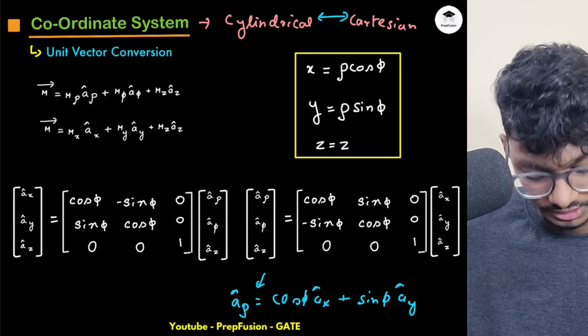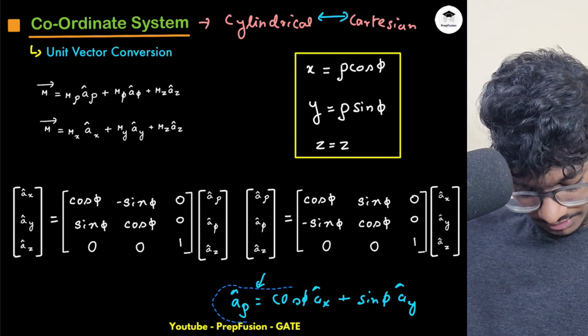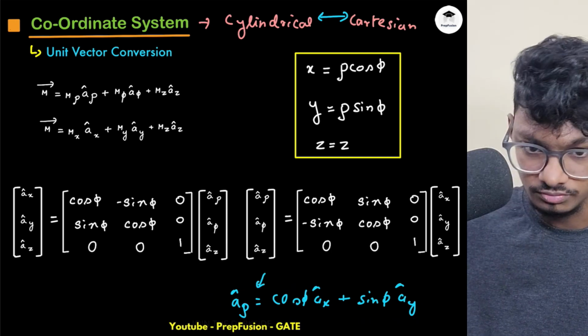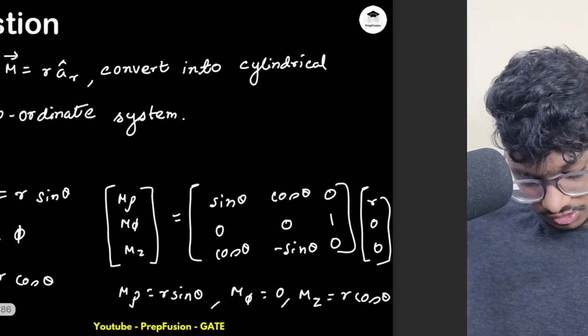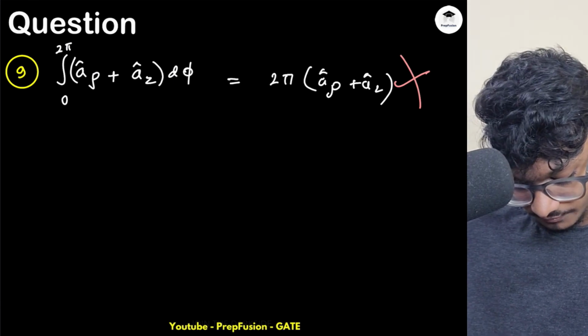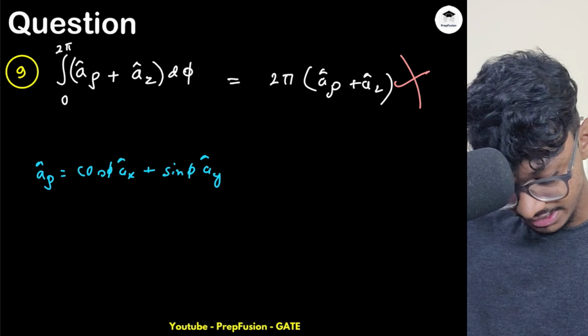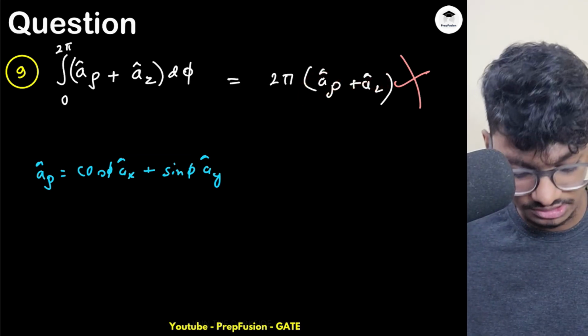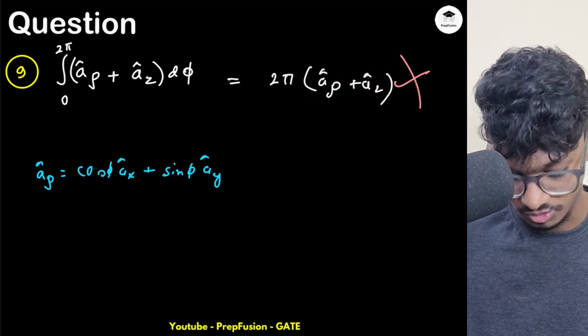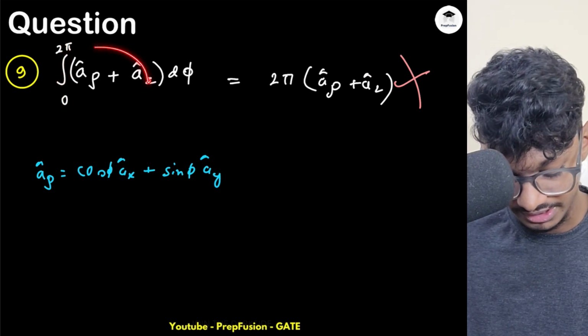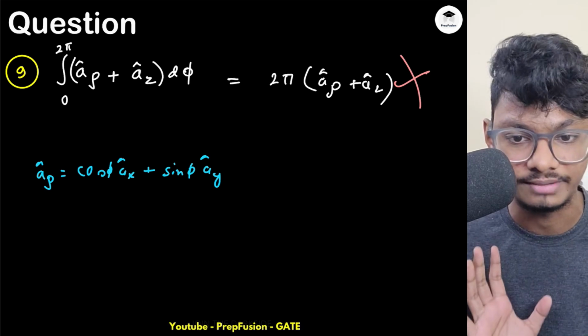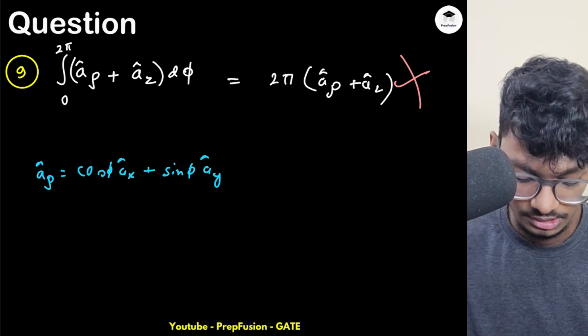I will just copy and paste a_rho, I will not do the unit conversion because I have just taught you in this lecture itself. So a_rho is a function of phi, so I cannot simply integrate this as a simple constant. Here phi is changing, so I cannot simply take it out of the integration and multiply by 2 pi.